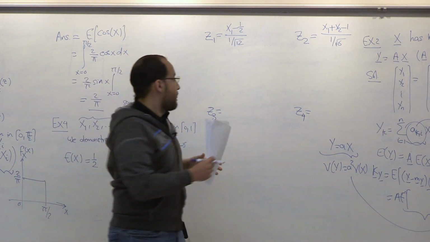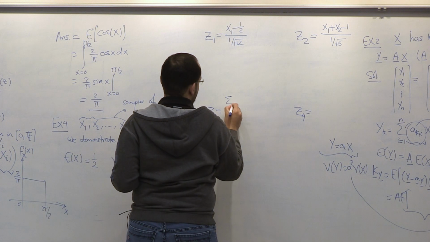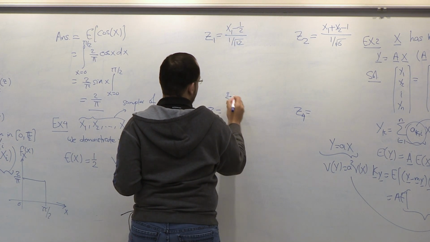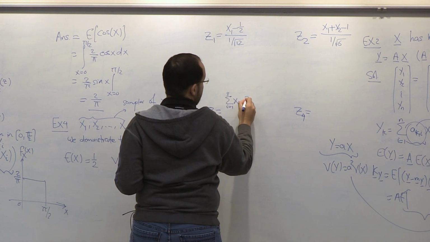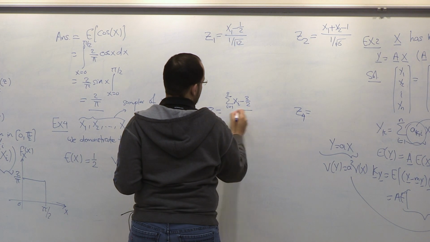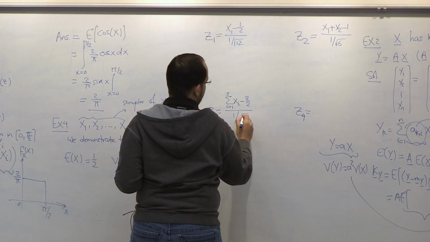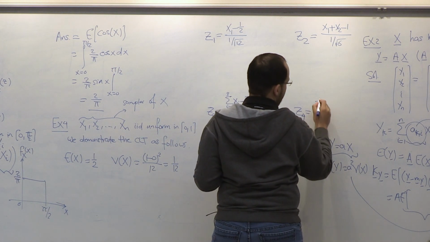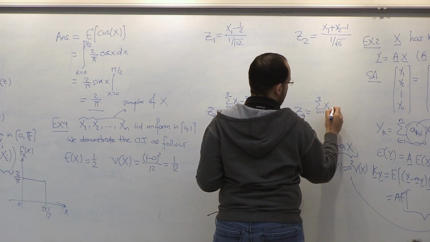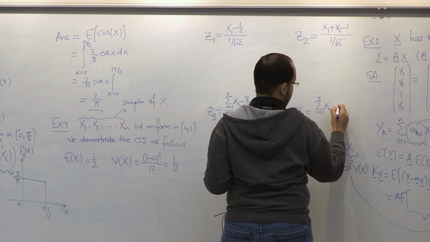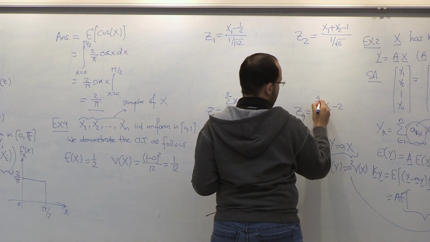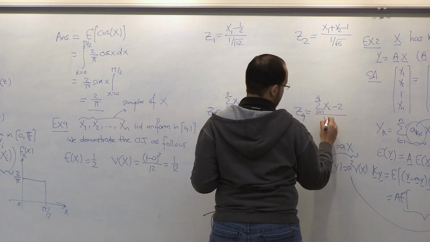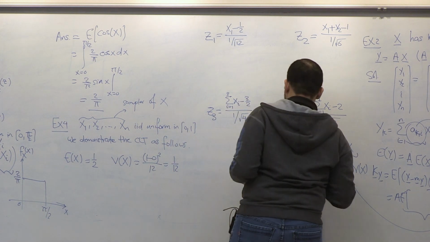And then you have the summation from i equals 1 to 3, xi minus 3 over 2, divided by 1 over square root 4. And the last one, the summation from i equals 1 to 4, xi minus 2, divided by 1 over square root 3.